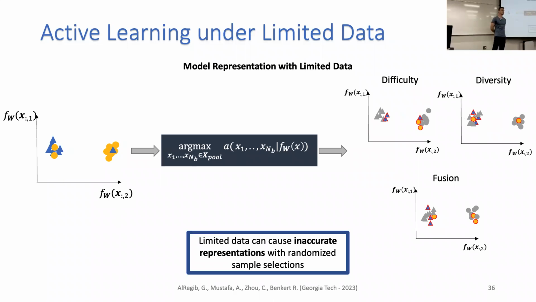That means we map two completely different samples to the same feature, and we're not able to distinguish them. This is what typically happens a lot under limited data. Instead of that nice spread out distribution in the feature space, all of a sudden the model is not capable of distinguishing these two things, and essentially collapses the features to very similar points. That's what you can see over here.